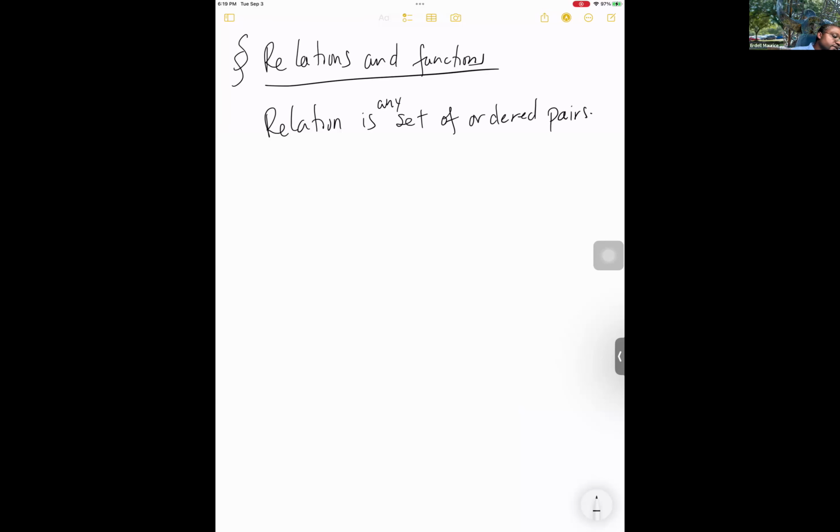Relations can be written in several ways. For example, they can be written as 2,5. They can be written in a set notation. They can be written in a table formation, x comma y, 2, 3, 4, 5, 8, 11.